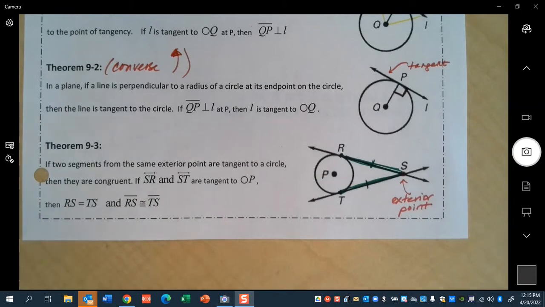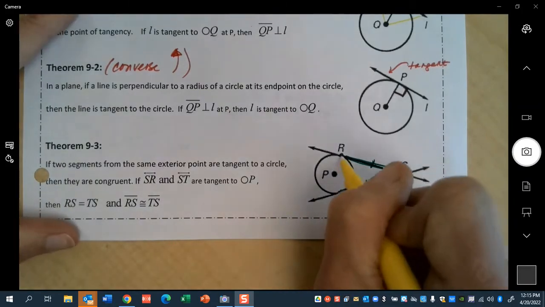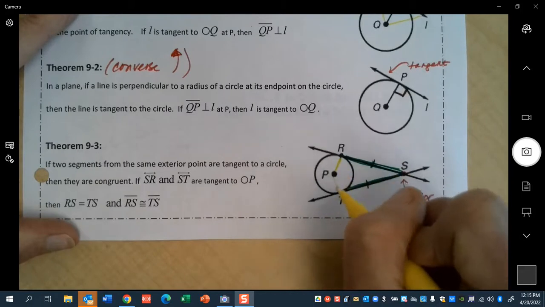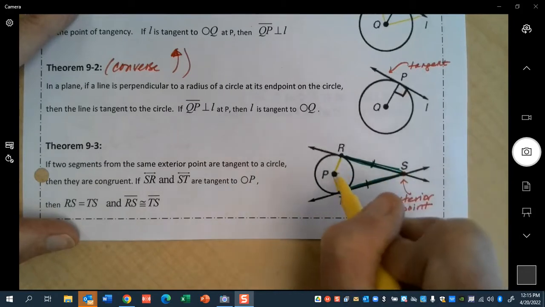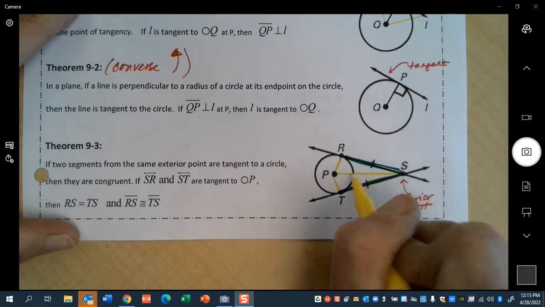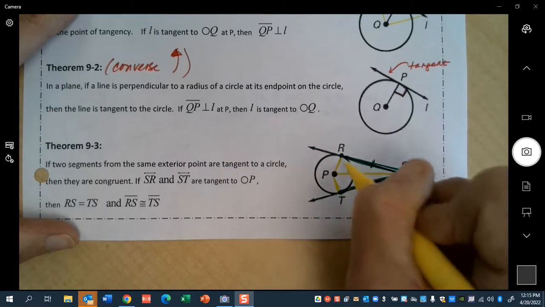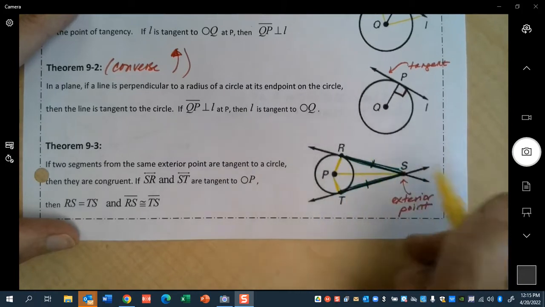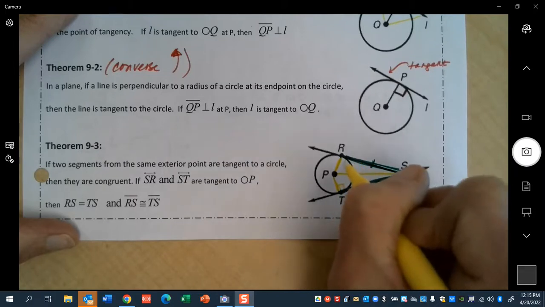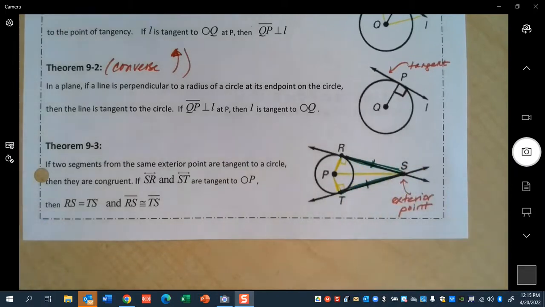And this one's tons of fun to prove because once I have this as a right angle and I have a radius of a circle is always congruent to itself, do you all see congruent triangles and CPCTC? Do you see hypotenuse leg? Here I have hypotenuse, which reflects the property of congruence.